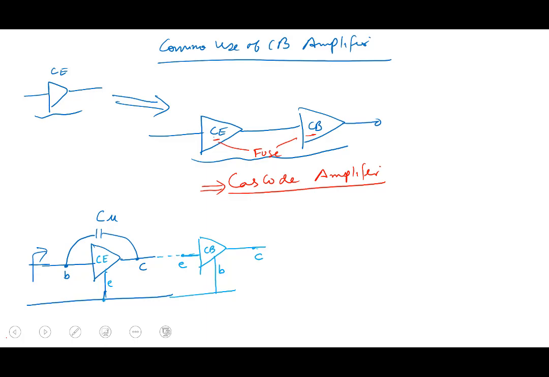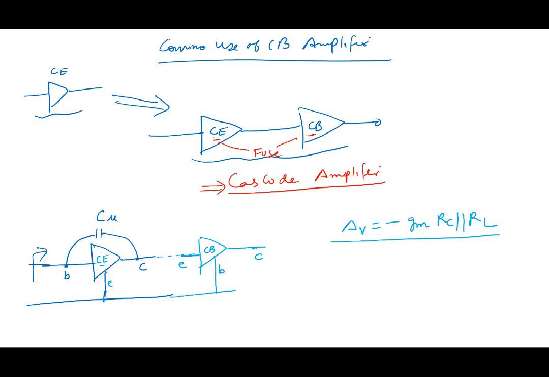So now what happens? If you look at this common emitter, what is the load of the common emitter stage? Remember, the gain of the common emitter stage is minus GM RC parallel RL. That was the gain of the common emitter stage.